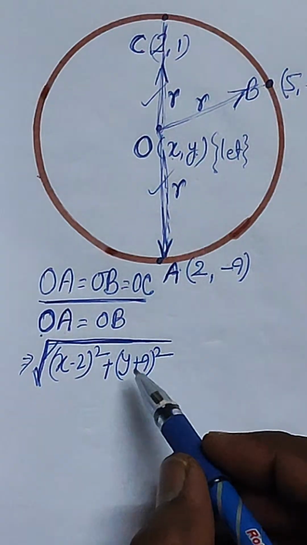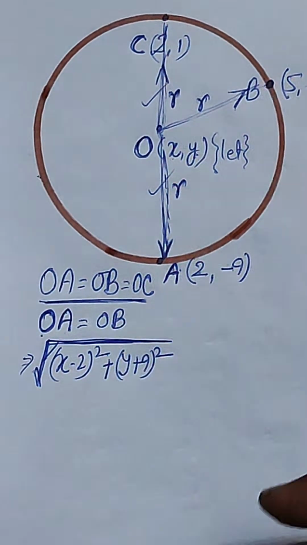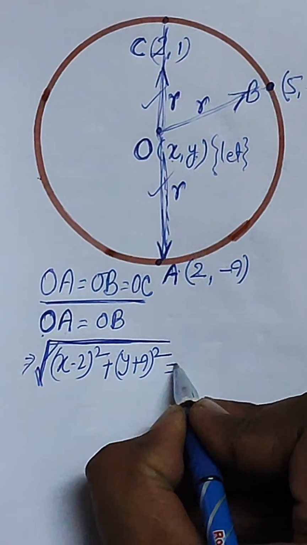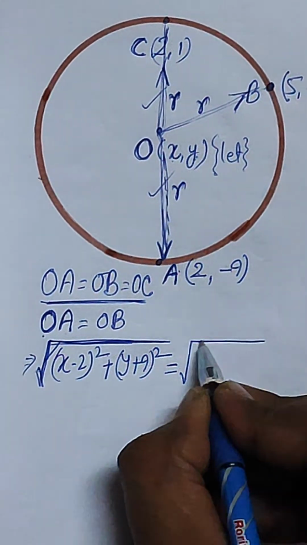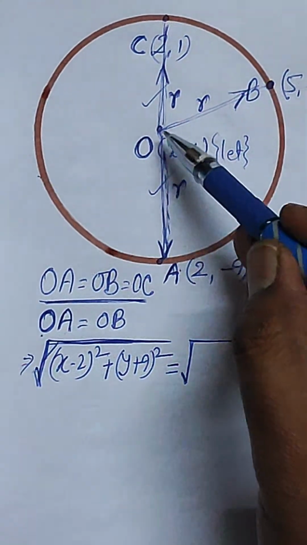Now this will be equal to the length of OB, right? So we just find the length of O to B.